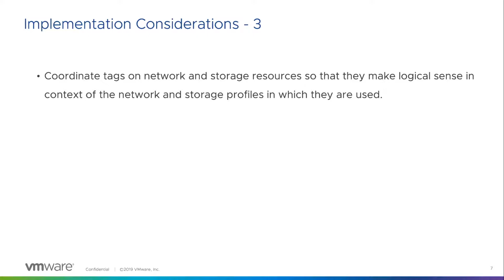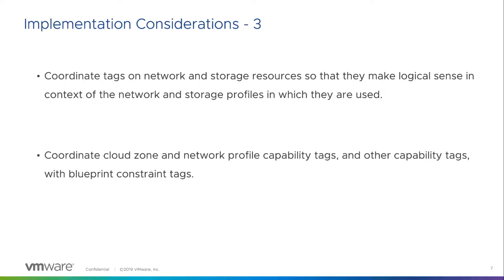That doesn't align. So you should create the tags in such a way that network and storage make sense to you. That's the main thing. They should make sense to you and then your users, right? And coordinate cloud zone and network profile capability tags and other capability tags so that they match and align with the blueprint constraint tags.